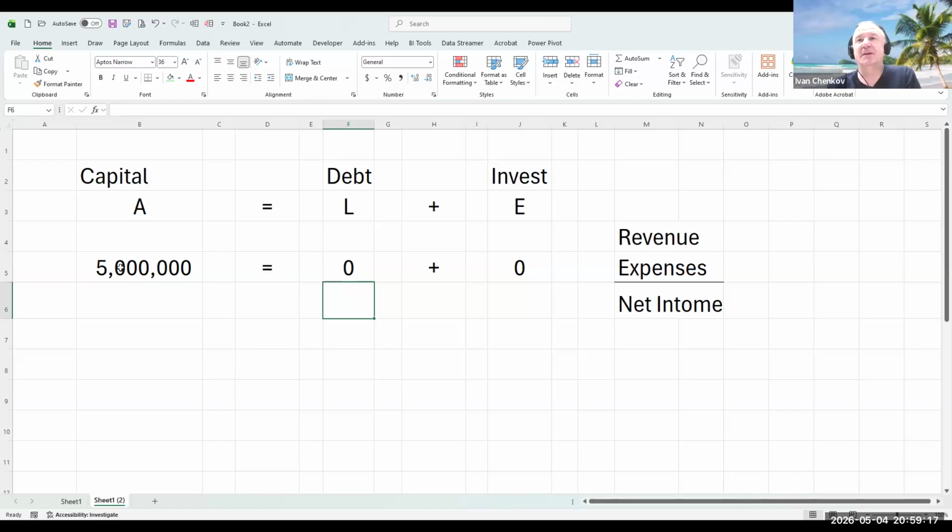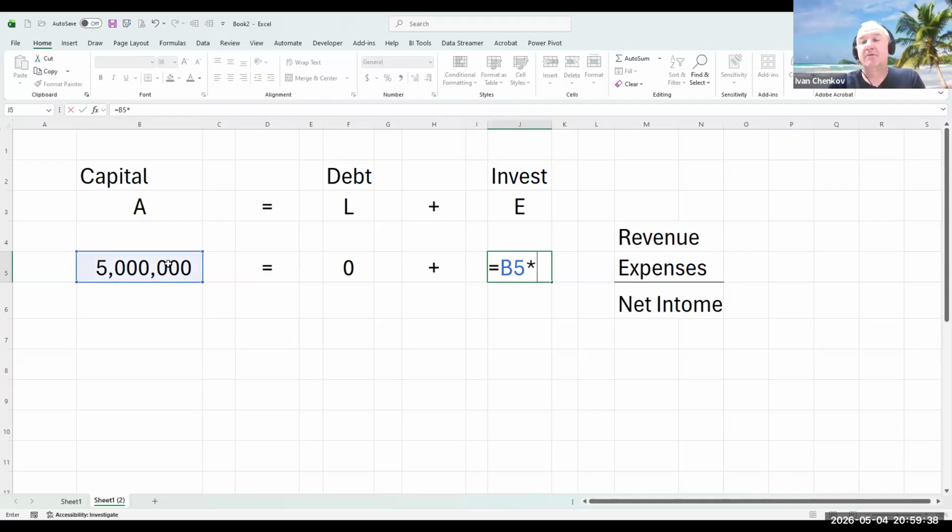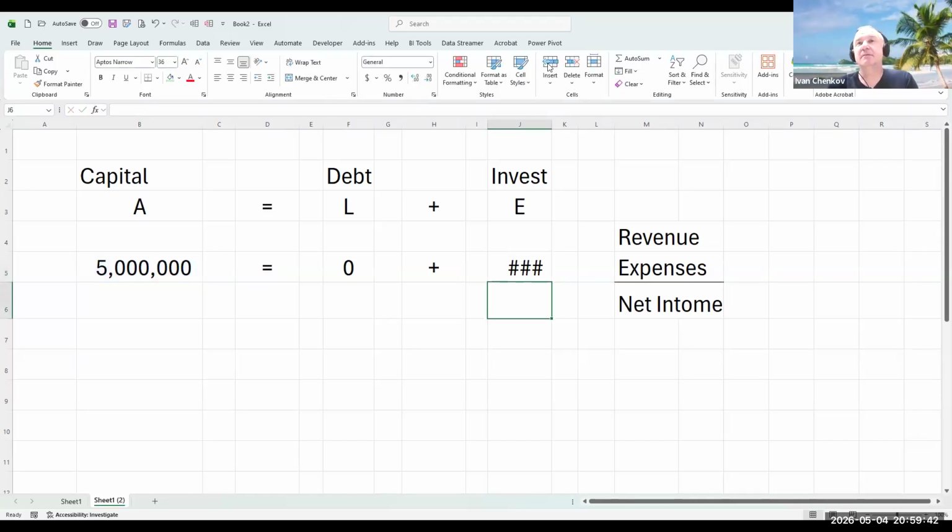It doesn't work that way, right? Exactly, it doesn't add up. So the bank's going to say, okay, 5%. How much down payment do you put? I put 5%.